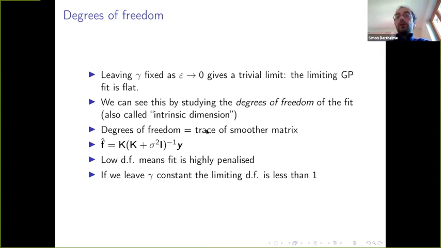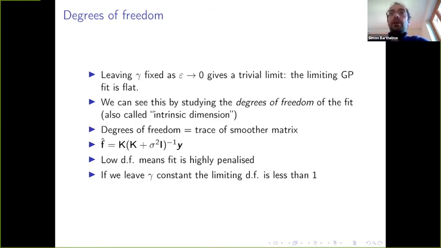Okay, so to understand that, we need to look at a very simple notion in the theory of linear smoothers, and that's the notion of degrees of freedom. The degrees of freedom of a fit tell you essentially the dimensionality of the space your data is projected to.